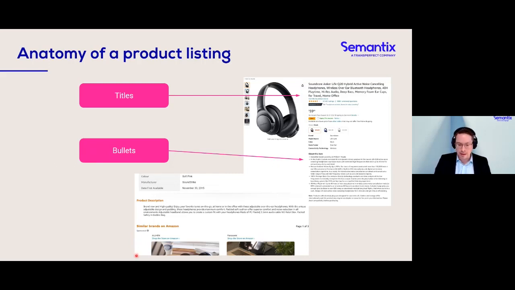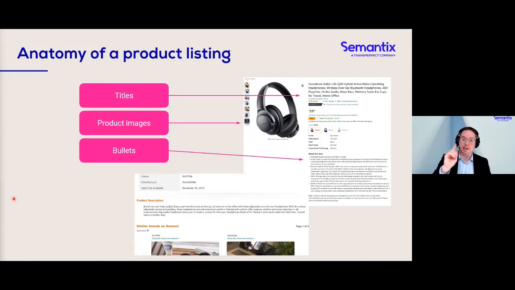And then product images. Product images are really key here. So as I mentioned, Amazon is a visual marketplace, and you have all the other places to use the right keywords, but getting the right images in place is going to help. So when your product shows up on a search results page, you're going to see your product title and you're going to see your image.